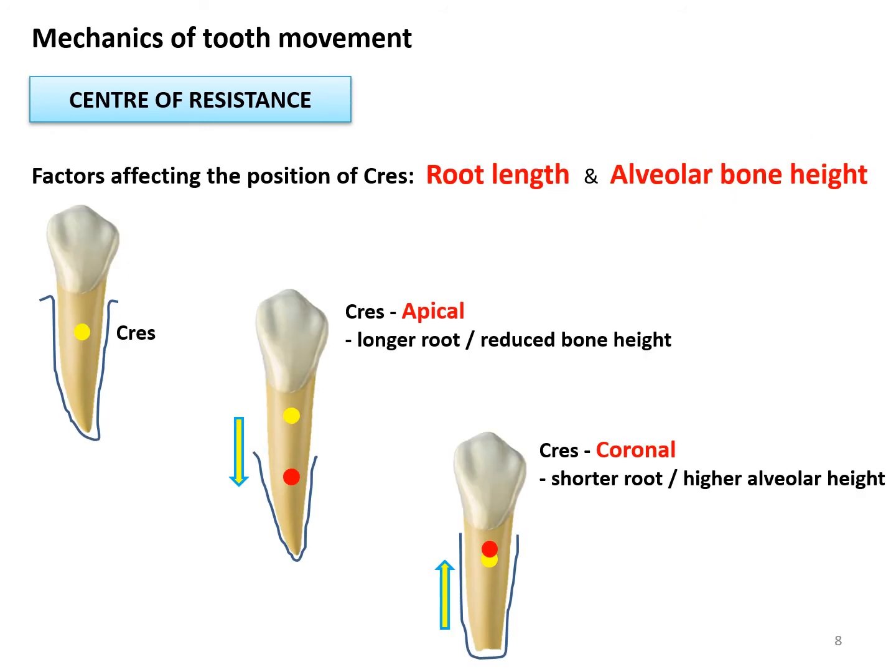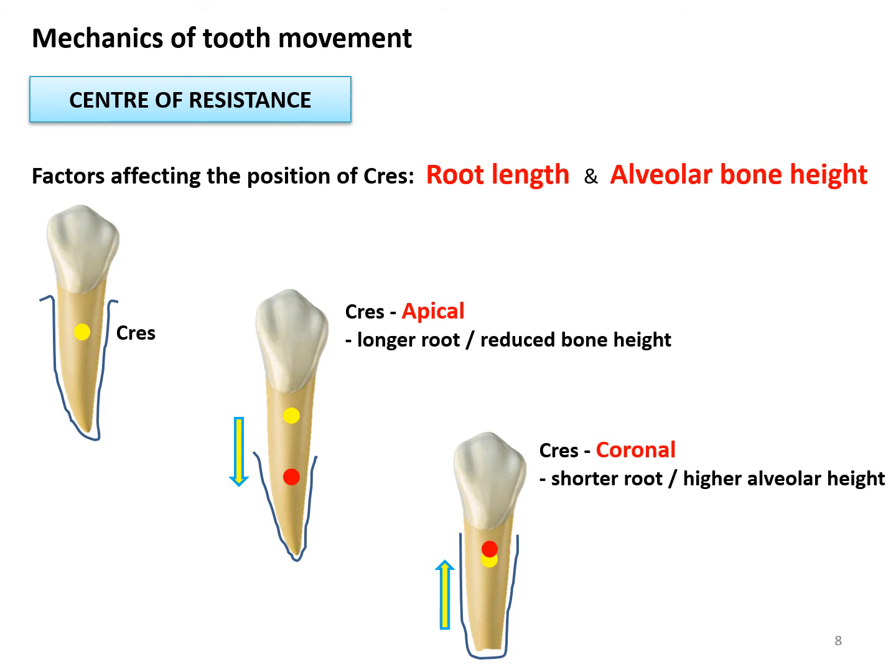Here are a few examples wherein you can see how the position of center of resistance changes when the root length is different and also when the alveolar bone height is different. The image in the center shows the center of resistance to be apically located if the tooth has a longer root or if it has reduced bone height.